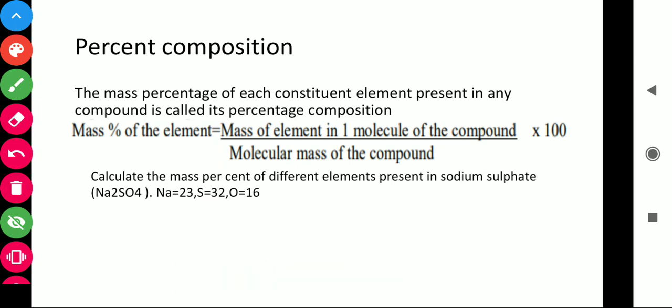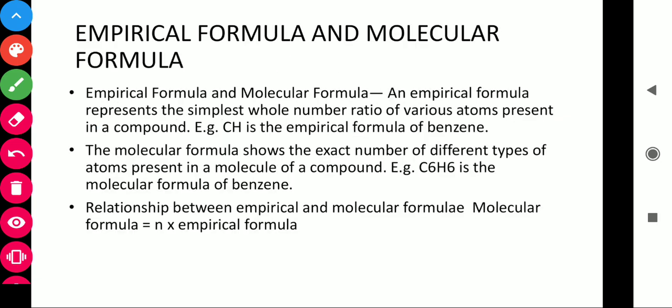Now we will come to the next concept, that is molecular formula and empirical formula. What is the empirical formula and molecular formula, and what is their relation? Empirical formula is the simplest whole number ratio of the various atoms.